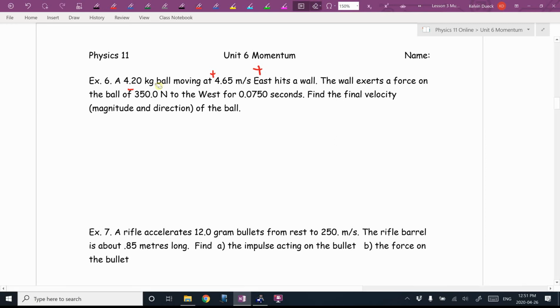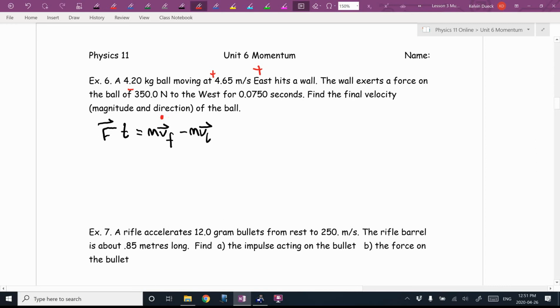It wants me to find the final velocity. Because they gave me a force and a time, I'm going to use the impulse shortcut. Force times change in time, except we get lazy and stop writing the delta, equals mv final minus mv initial. We've done this before, but in the previous questions, one of the other velocities was 0 and stuff canceled. This time, no. We want to get the v final by itself.